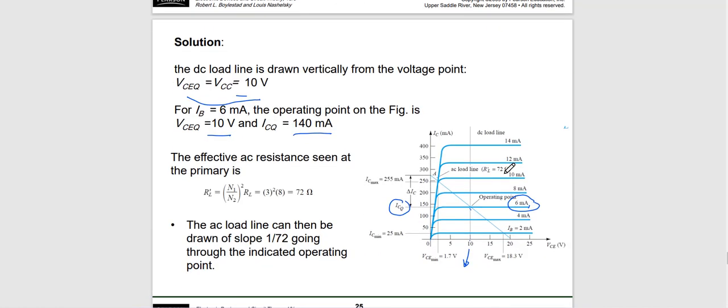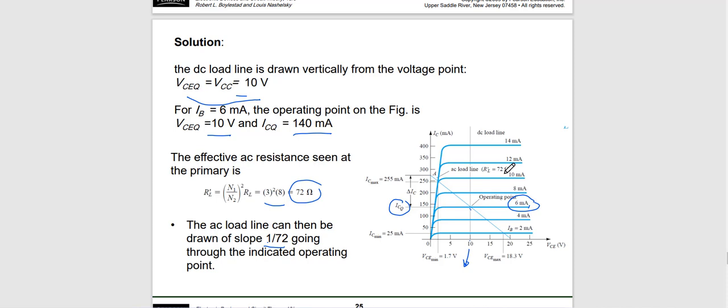So R'L is 3 squared times 8, so we can get 72 ohm. And because R'L is 72 ohm, the AC load line can be drawn with a slope of 1 per 72.